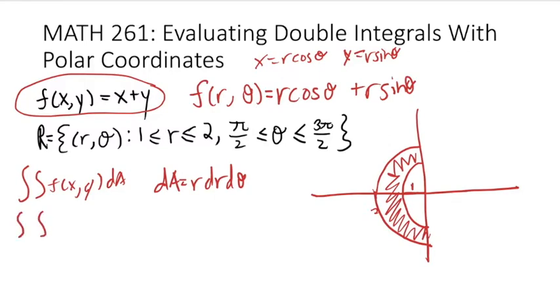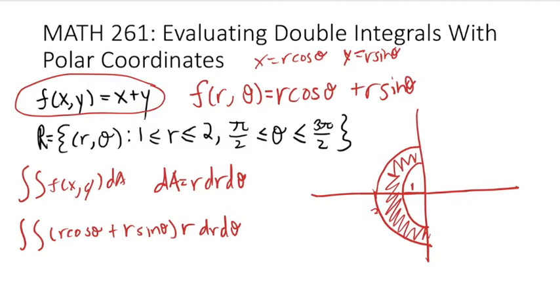So we're going to be looking at the double integral of r cosine theta plus r sine theta, times r dr d theta.